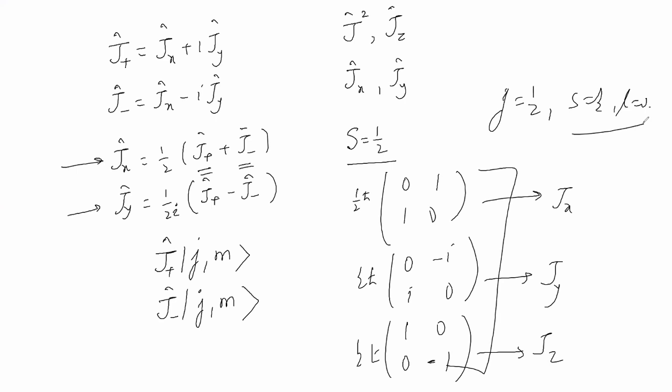And then similarly, what are the matrices corresponding to j equal to 1 operators or j equal to 3 by 2 operators, and where do we apply them? See, there are two places where we can apply.